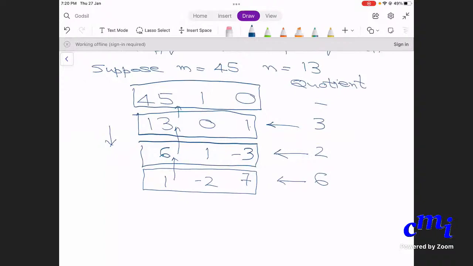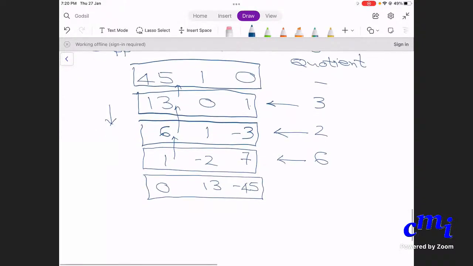Then I take the vector 6, 1, minus 3 and subtract 6 times the vector 1, minus 2, 7 from it. 6 minus 6 times 1 is 0. 1 minus 6 times minus 2 is 13. Minus 3 minus 6 times 7 is minus 45. So I get this row.